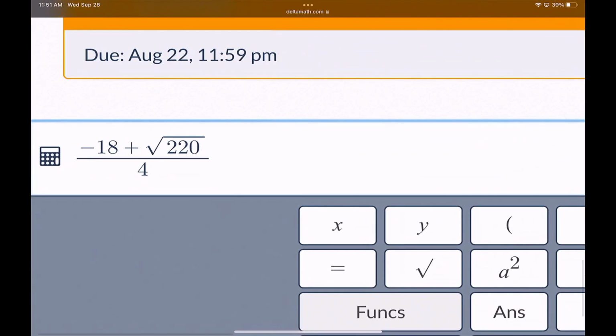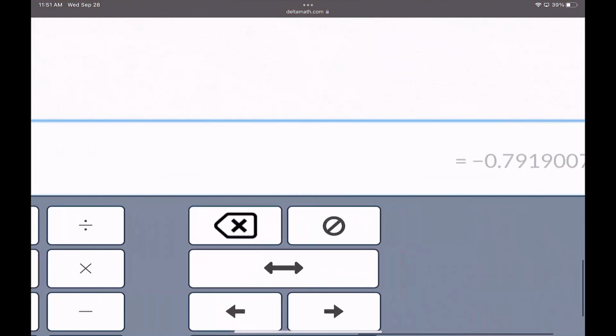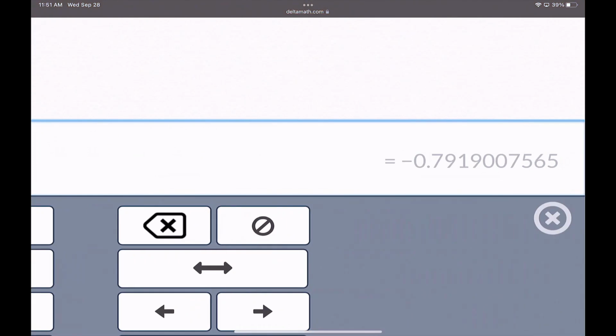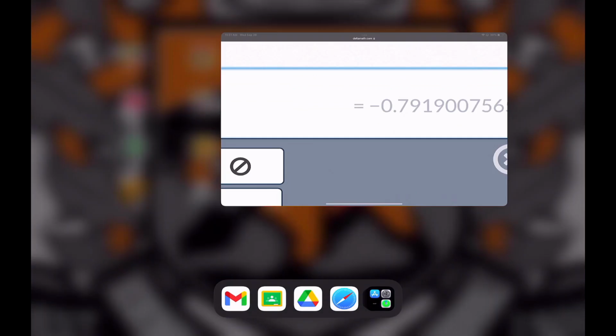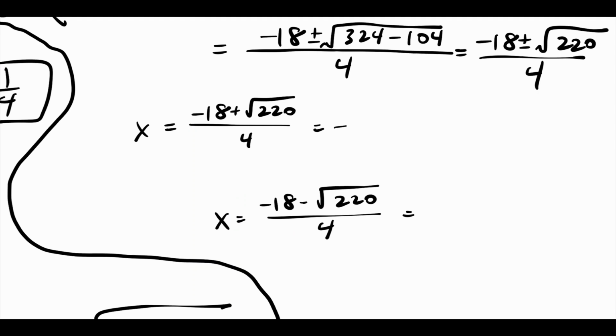Negative 0.7919007565. The one in the tenths is the first 7. Behind it is a 9, so I round up to negative 0.8. That's my first answer.